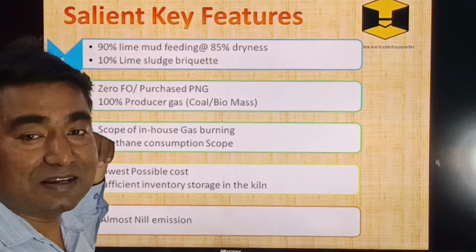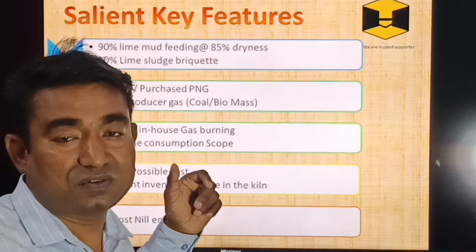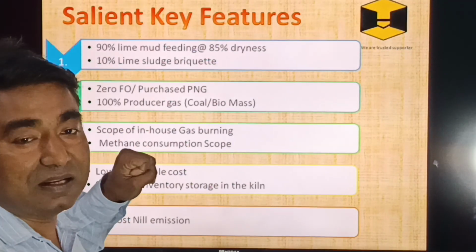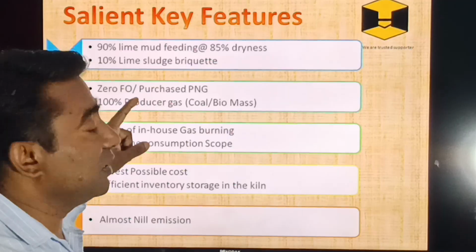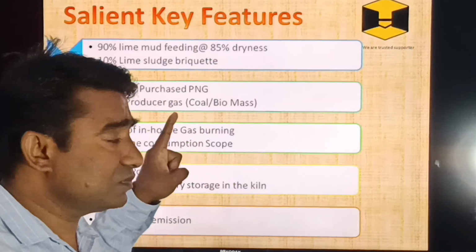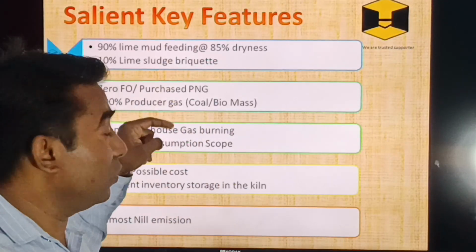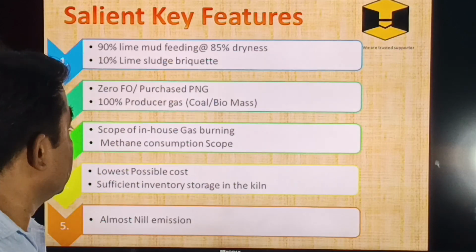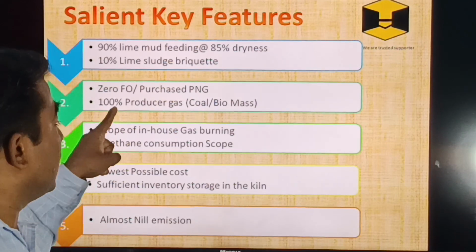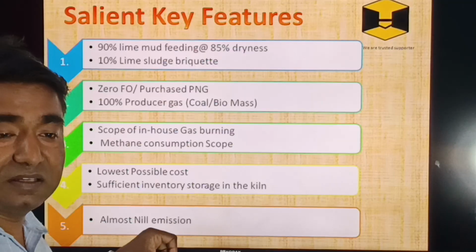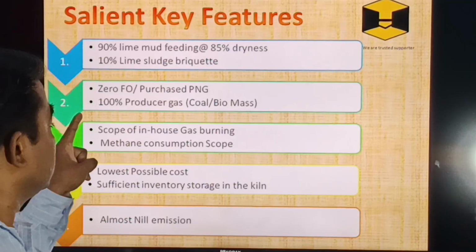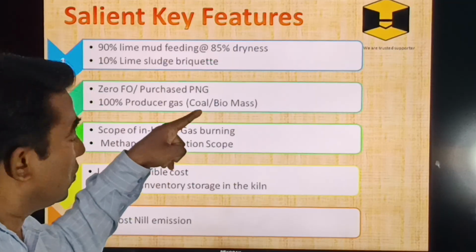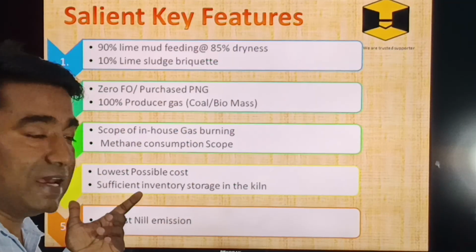So what are some of the salient features of this state-of-the-art vertical lime kiln? 90% of the lime mud of 85% dryness will be fed directly. Only 10% of the sludge will be converted into briquettes. So there will be zero FO or purchased PNG in this kiln. 100% producer gas will be utilized.